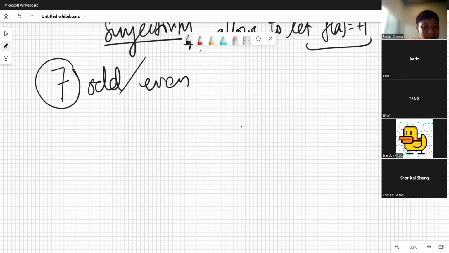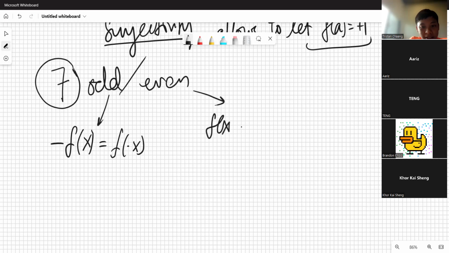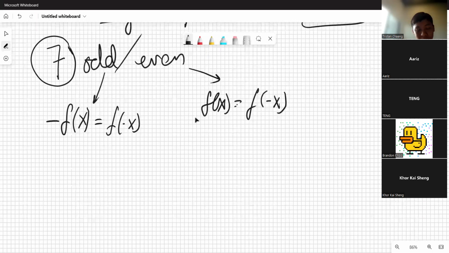Sometimes it's quite useful. So an odd function is where -f(x) equals f(-x). And an even function is where f(x) equals f(-x). So you can imagine the symmetry in the graph. It's very simple work to do.